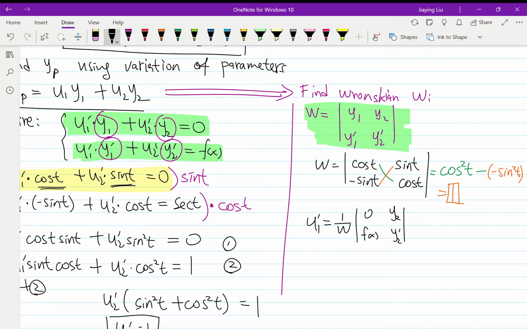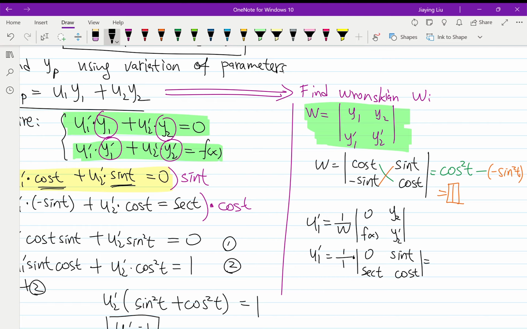So in our example here, I'm just going to plug in what we have. So u1 prime is going to equal 1 over 1. That's very nice. Times the determinant of 0, f of x is secant t, and y2 is sine t, the derivative is cosine t.